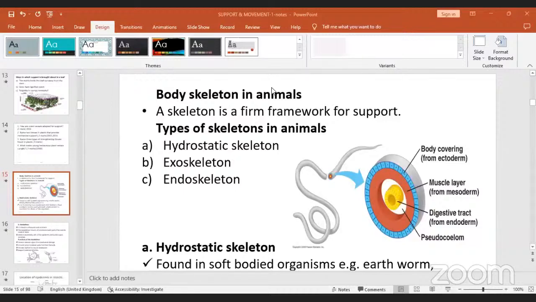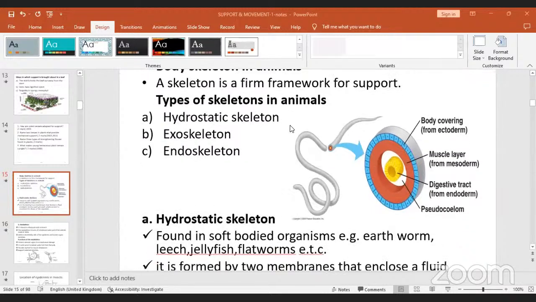When I asked questions, I discovered that most of you based your answers on the bony support structure that makes up animals like man. But we have three types of skeletons: hydrostatic skeletons, exoskeletons, and endoskeletons. Okay, I want to believe you have seen organisms like the earthworms.